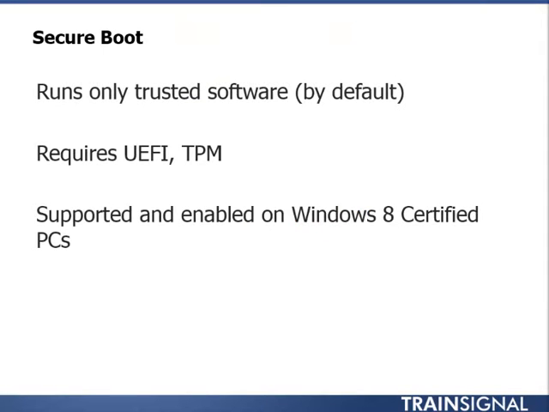So I want to review a couple of points about Secure Boot because I want you to remember them for the exam. First, Secure Boot will only run a trusted bootloader by default. It's required that all Windows 8 certified PCs allow Secure Boot to be disabled or to allow third-party bootloaders to be installed. I'll also point out that Microsoft has a service where they will sign and trust software made by other vendors, so long as it is secure.